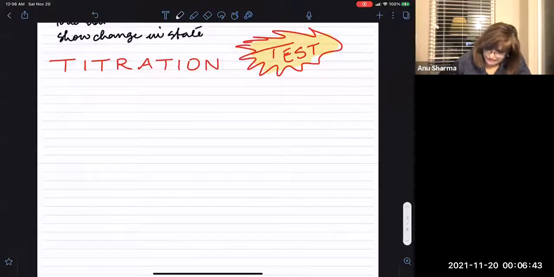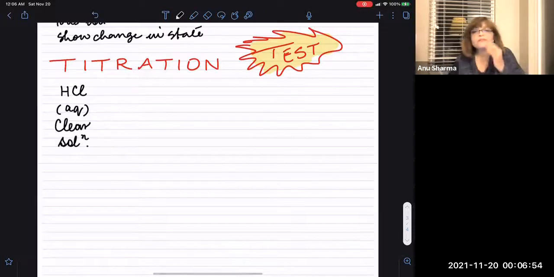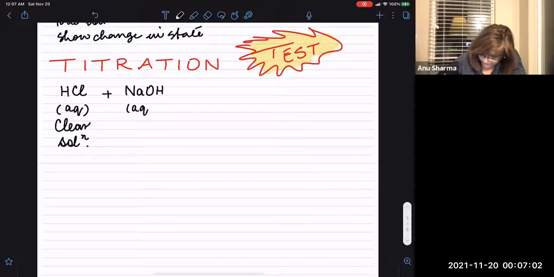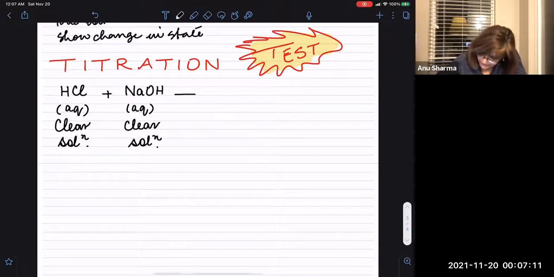Okay, so here is the situation. You have HCl, which is aqueous. That is a very clear, transparent solution. Simple. All right, clear. Reacting with NaOH, and that is also aqueous, also a very clear, transparent solution. When they mix together, they produce salt.